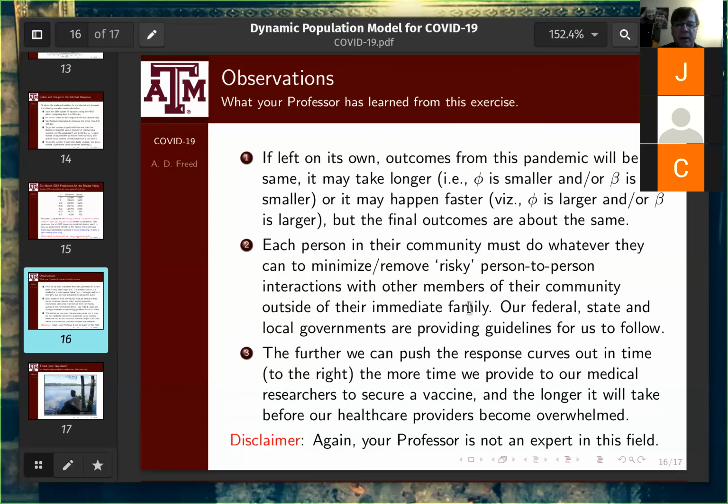And if we can do what we can do, the further we can push the response curves to the right, the longer time we're giving our medical researchers a chance to secure a vaccine, and the longer it'll take before our health care providers become overwhelmed.